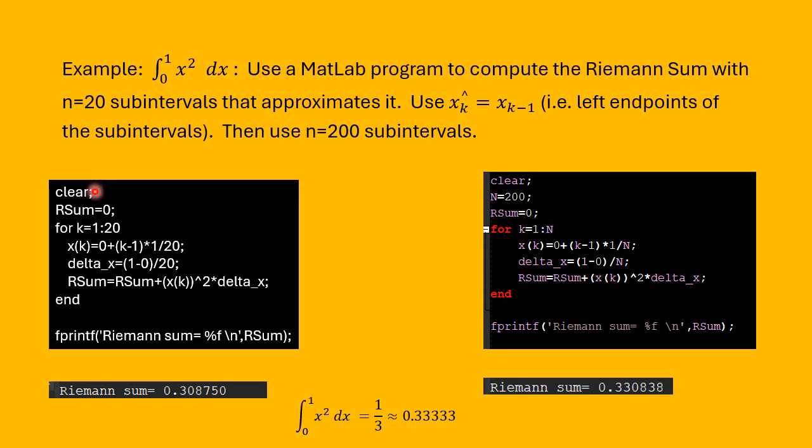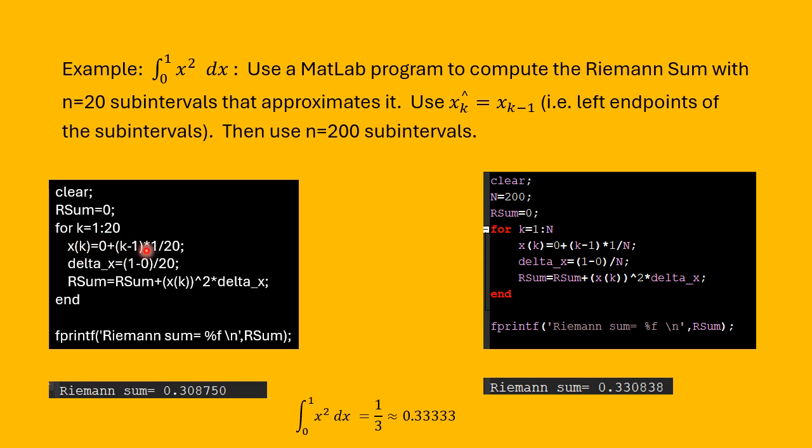Here's one program to find the Riemann sum with n equals 20 subintervals. We clear the workspace, so no variables exist right now. Then we define our sum to be 0. We're going to store the Riemann sum in this variable r sum. For k goes from 1 to 20, we'll let x sub k equals 0 plus k minus 1 times 1/20th.